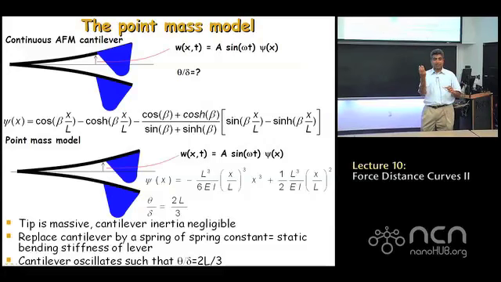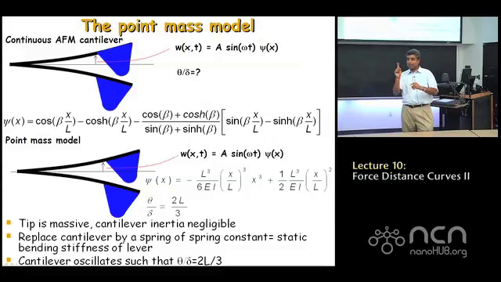And the tip acts as a tip mass, okay? So you've got a spring with a tip mass at the end of it. The underlying assumptions in that model are that, so what people do is they simply use the cantilever spring constant K as the spring and put a tip at the end of it. They say that should be okay.